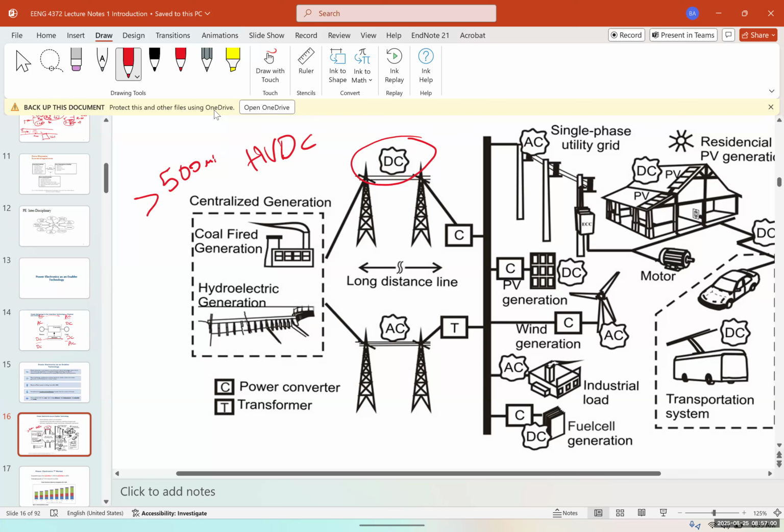And the reason is it requires more components because at the generation side, we have to convert AC to DC. And at the end, we have to convert DC back to AC for household use. And the AC to DC part is actually easy. DC to AC part is a little difficult and very costly.